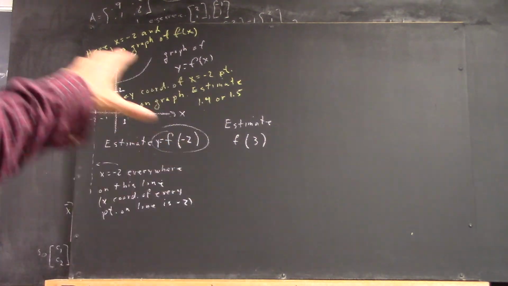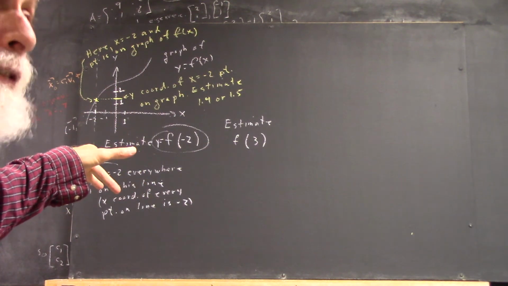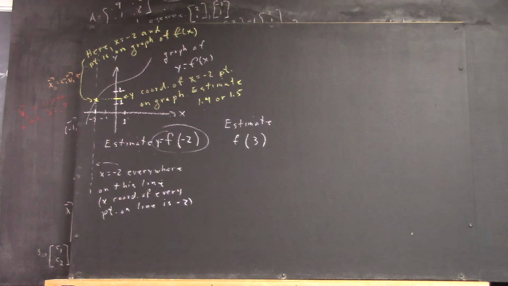Your graph won't be identical to mine, so don't worry if your estimate comes out different than the estimate I make on this graph, right? Okay. So, just the process is what's important.